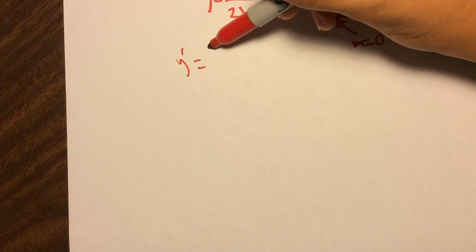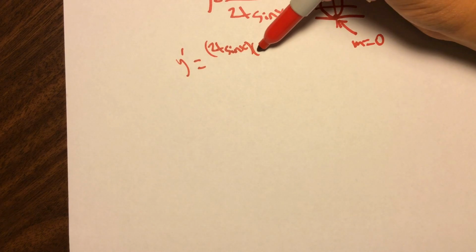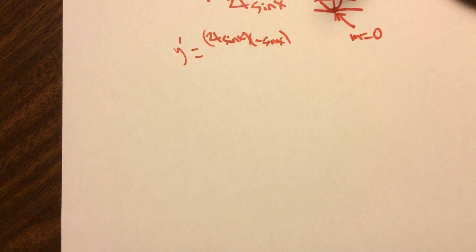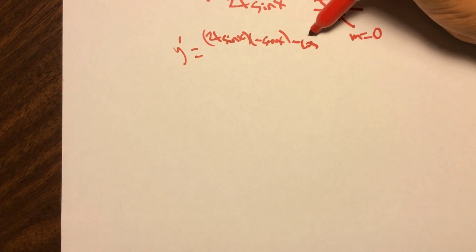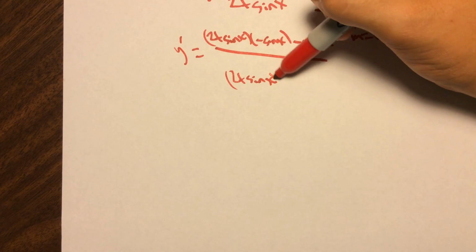So y prime is equal to 2 plus sine x times negative sine x minus cosine squared x all over 2 plus sine x squared.